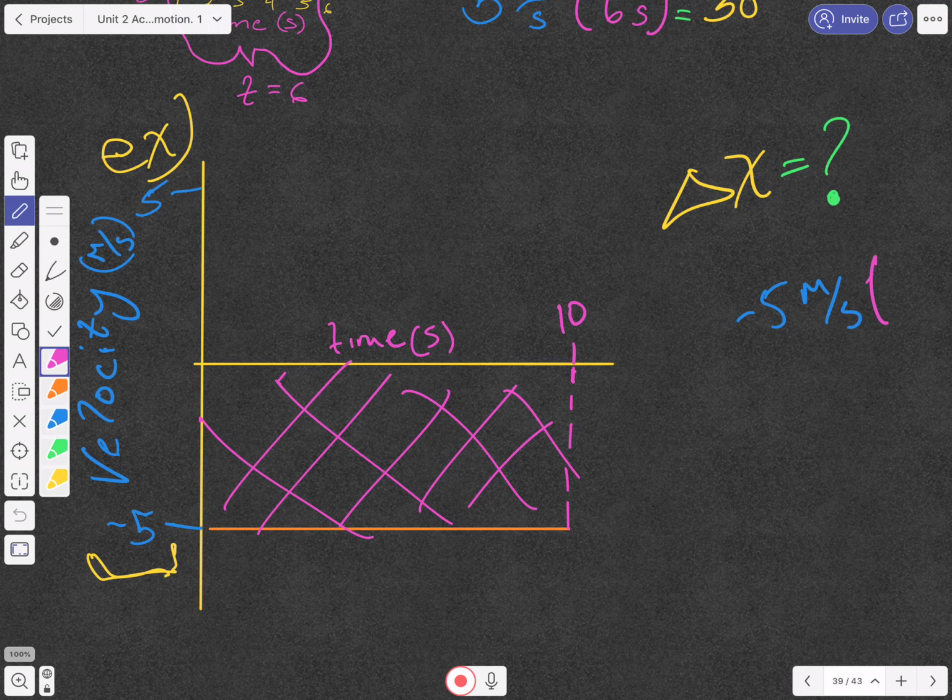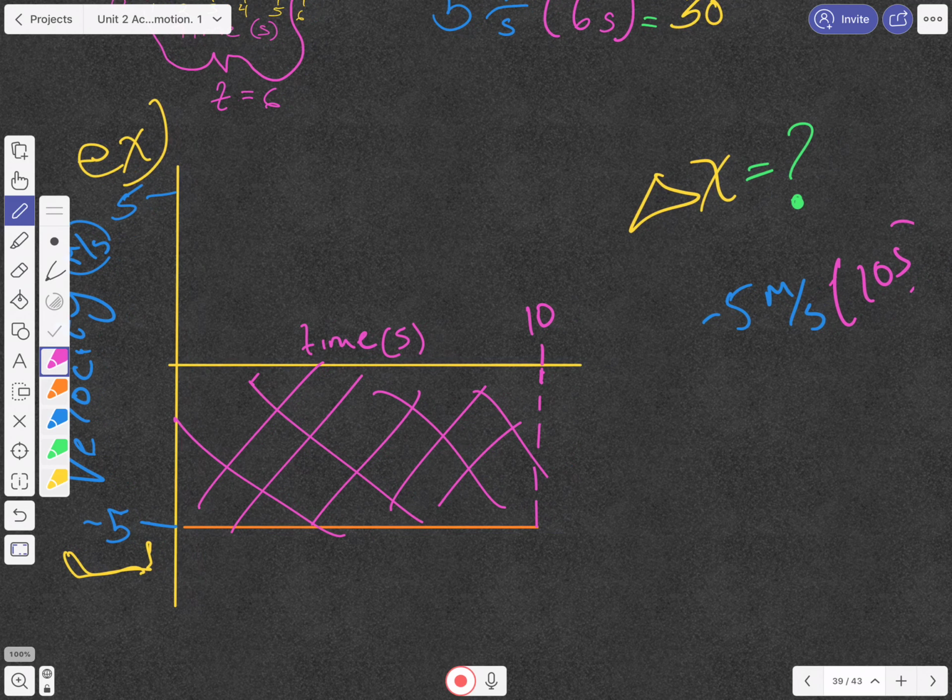And our time this time is going to be 10 seconds. So, and that will be equal to our delta x. And so our delta x is going to be equal to -50 meters.